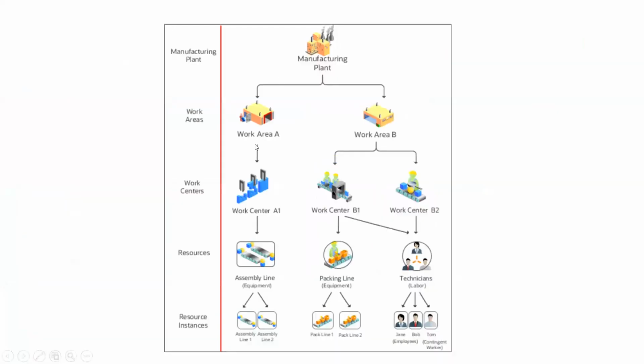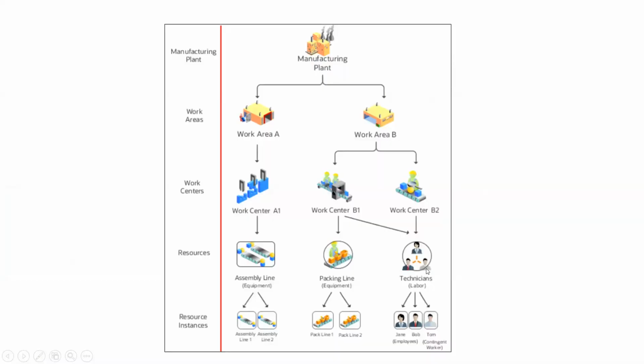This is my manufacturing plant, right? This is my work area here. Maybe this is a mobile area, maybe this is my laptop work area. So in this work area, what are the departments? If you see here, only one department. But here we have two departments. Each department contains your resources. This is the packaging line, maybe equipment. This is the labor resource.